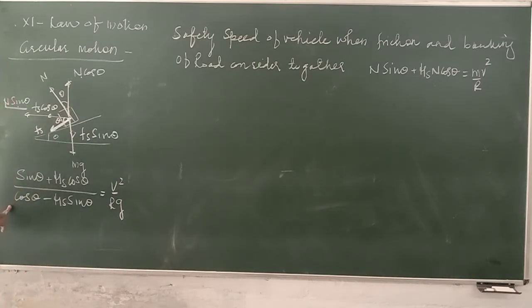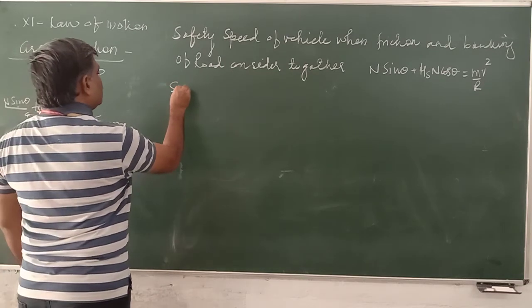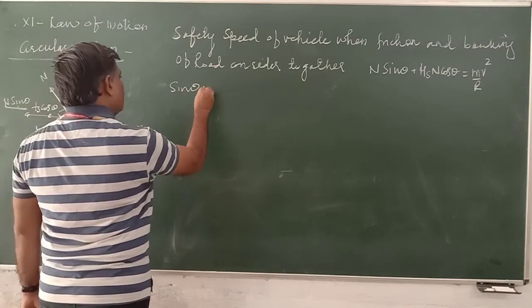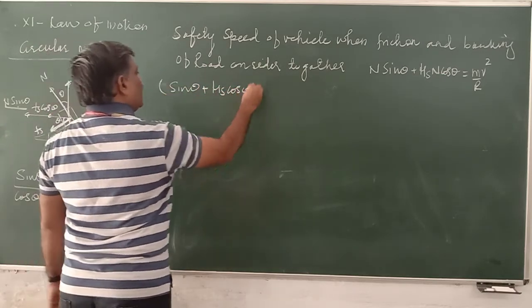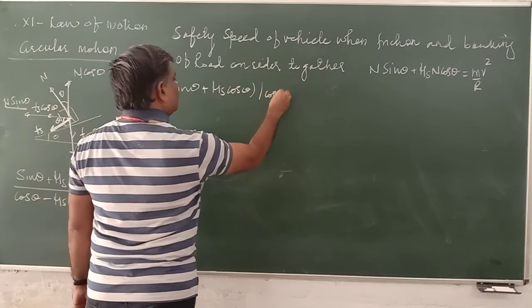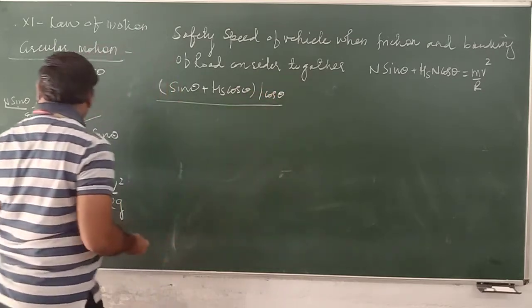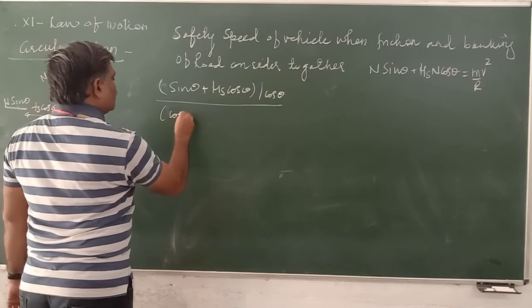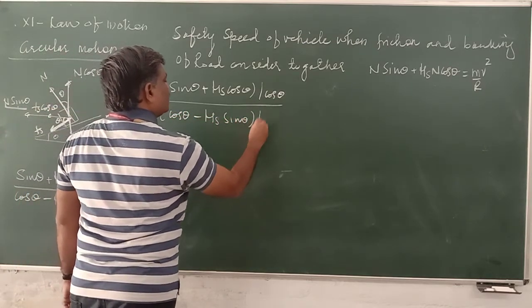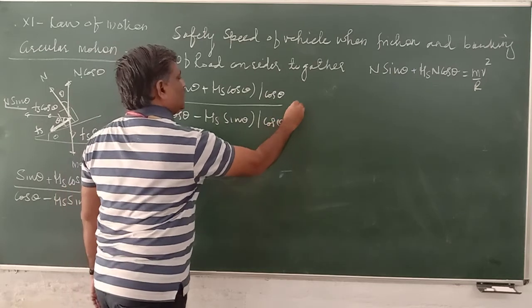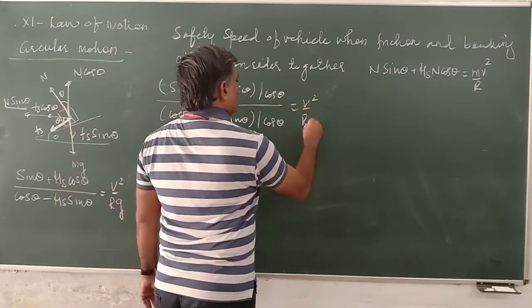Now in this equation, we divide by cos theta. So, numerator sin theta plus mu s cos theta, I divide by cos theta. Similarly in the denominator, cos theta minus mu s sin theta, I divide by cos theta.